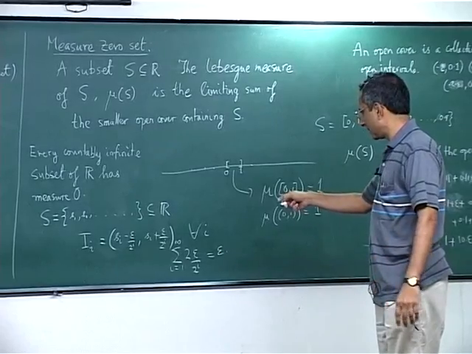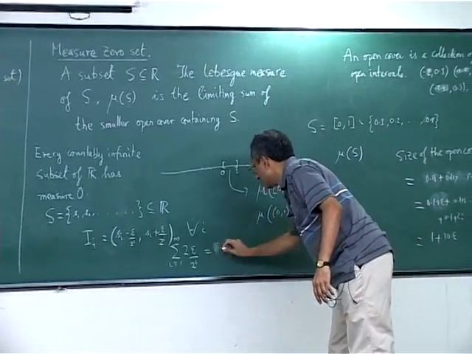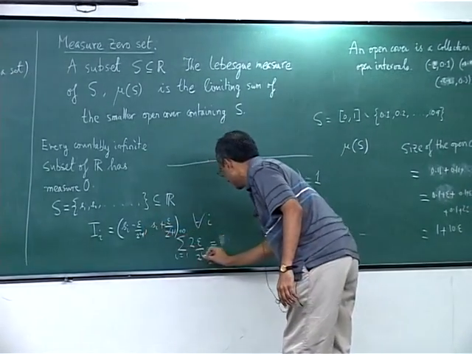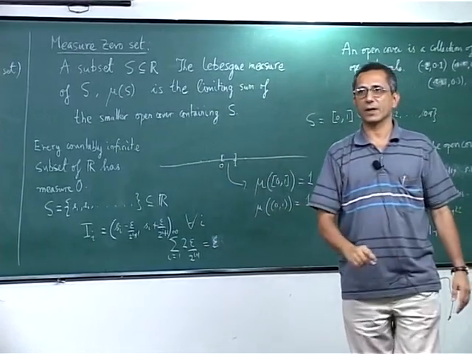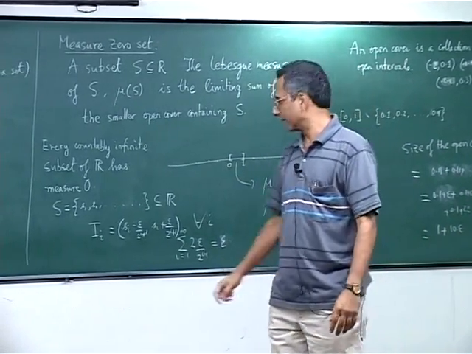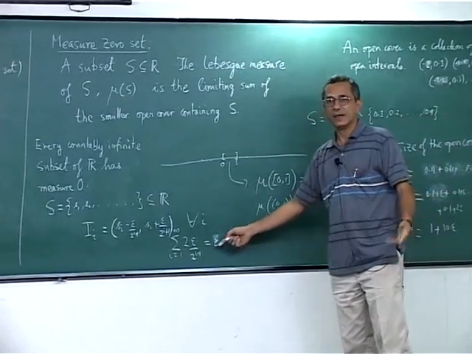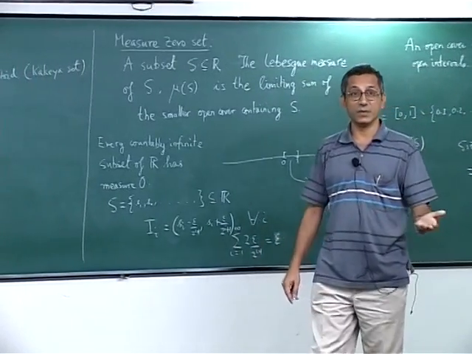The first term in the series is 1, so it is 2 epsilon. Maybe I should have taken 2 power i plus 1, it does not matter, then it is epsilon. And therefore, this is a measure 0 set. So, every countably infinite set is of measure 0.